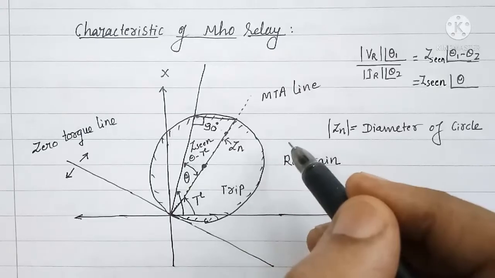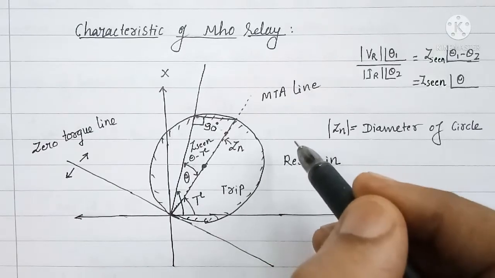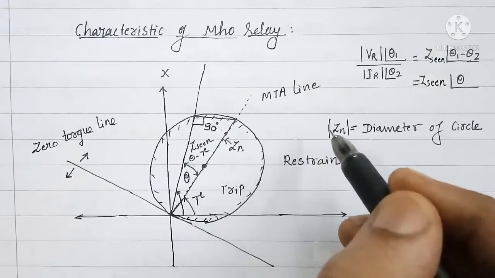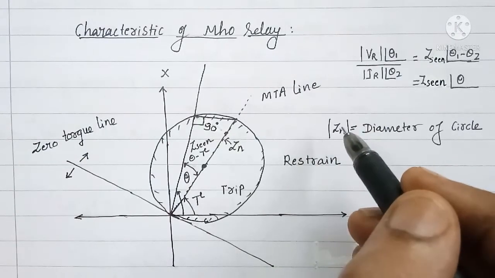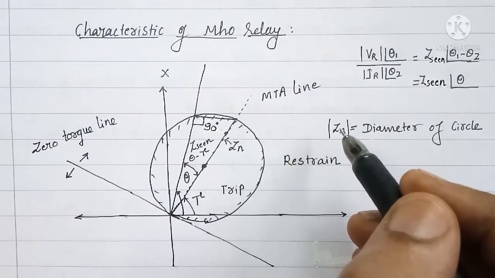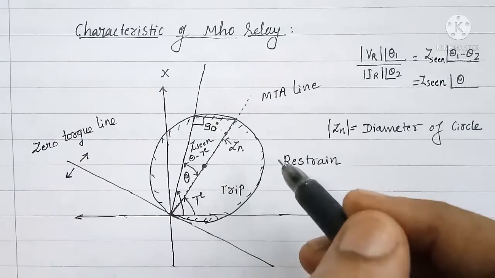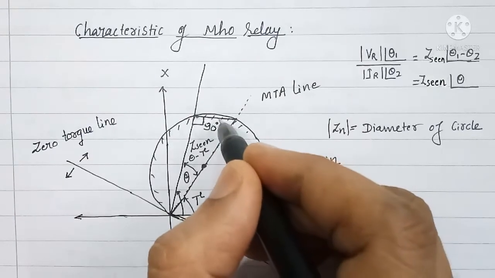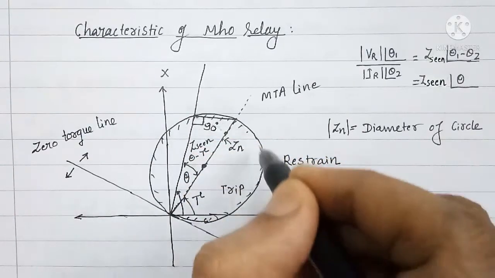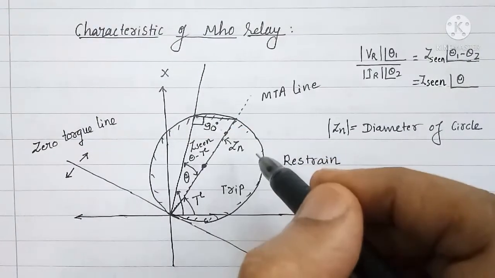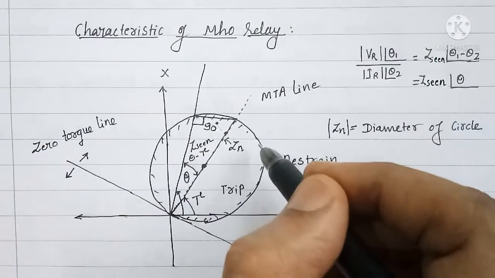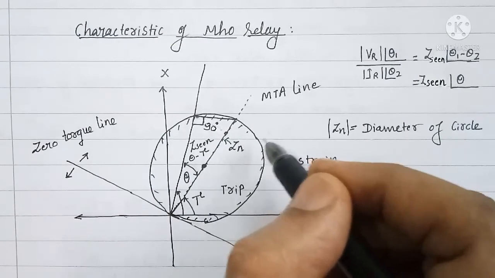The restraining unit operated by the voltage fed to the relay provides restraining torque, and it restricts the trip region of Mho relay to the inside of the circle shown here. So this circle is because of what? This circle is because of restraining torque.